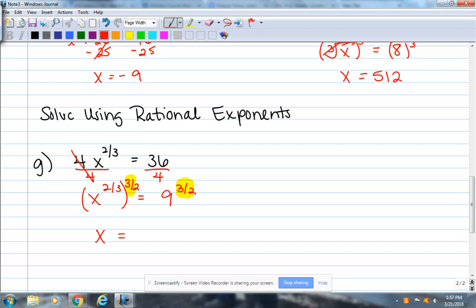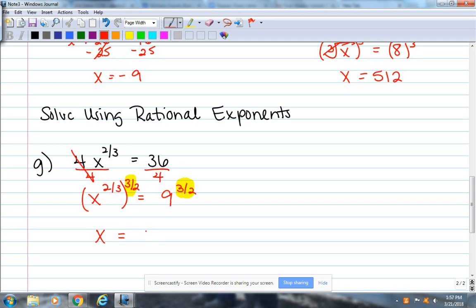And so we've got to do the 9. So if you were here last week, how do I evaluate 9 to the 3 over 2? Now remember, how do we set it up with the radical? Is it the 2? Square root of 9, and then the 3 on the outside. That's right. So whatever the denominator is, that's your index.